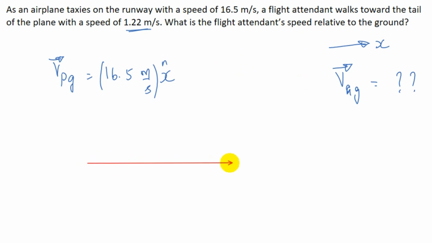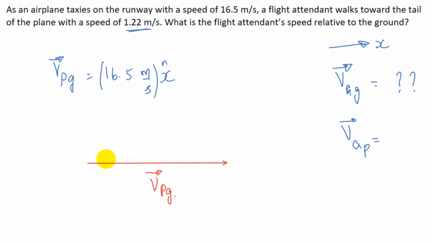So this is our vector, the velocity of the plane relative to ground. Now we are also given the velocity of the attendant relative to plane. Here is a catch point: what would be the direction of this velocity?